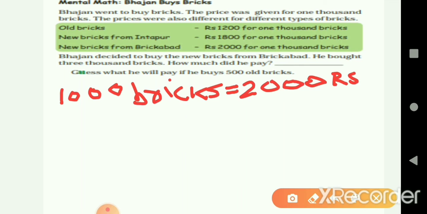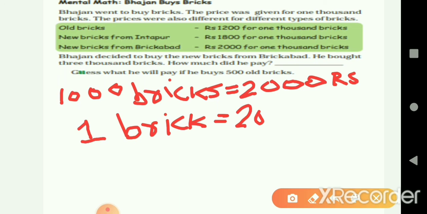Now what is the cost of 3000 bricks? First we find the cost of one brick. One brick is equal to how much? If you want to find the cost of one brick, then divide the price by the total bricks.